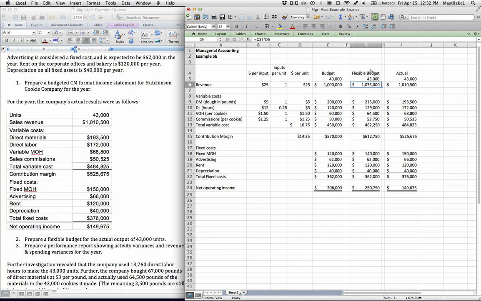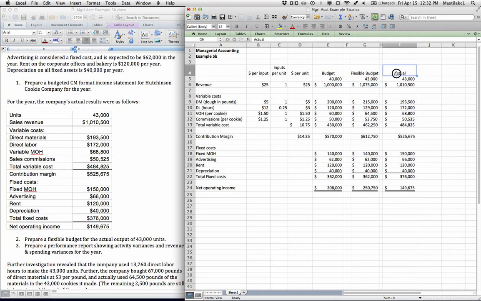So what we have here is a flexible budget. So we can make an apples to apples comparison between our actual results at 43,000 units and what a proper budgeted result at 43,000 units would be. This allows us to see that our revenue per unit is substantially less than we expected it to be. At 43,000 units, we expected to make $1,075,000 of revenue. We've only made $1,010,000. So we probably sold our units at a lower than expected price.